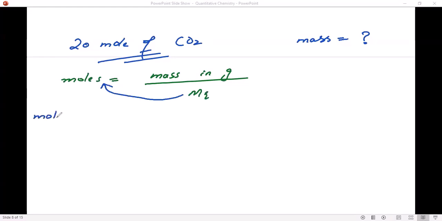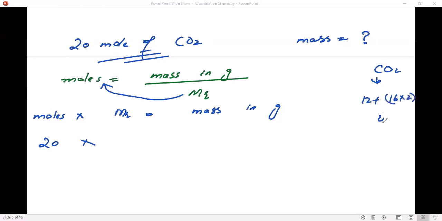So moles times MR is equal to mass in gram. Moles is 20, and the MR of carbon dioxide: carbon is 12, oxygen is 16 times 2, so this would be 44. When you solve it, this will be 880 grams. So this is mass in gram.